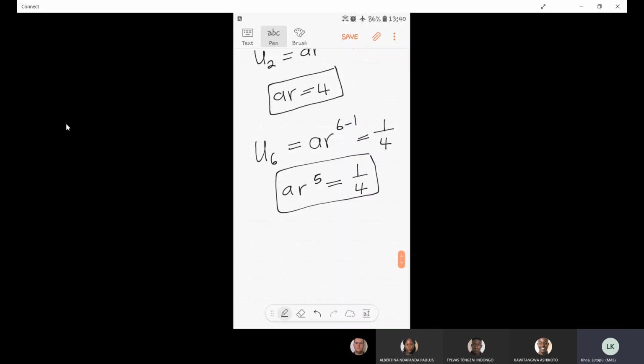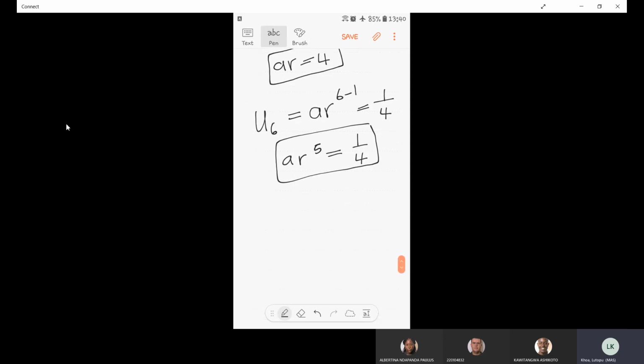So what I do with these equations is I'm going to divide them, and then I solve for r. Or what you can do is make a the subject of the formula in both of them, and then equate the two. That is also fine. So doing that, I have a r to the power of 5, equal to 1 over 4. Then I divide this side by a r, and I divide this side by 4.